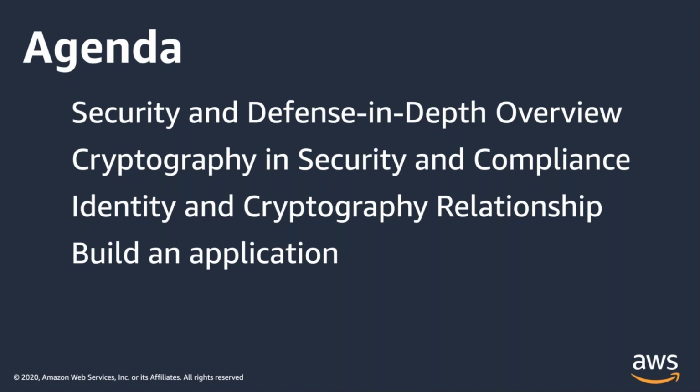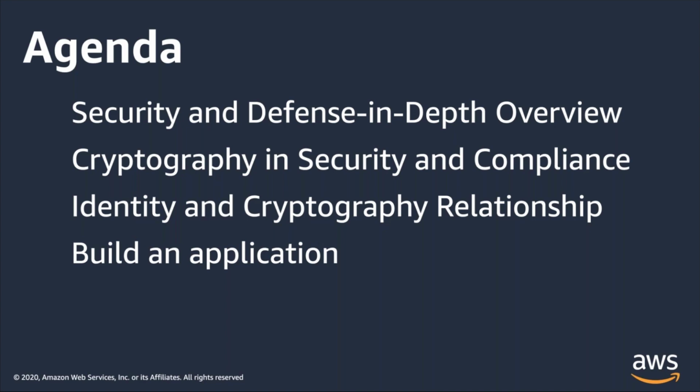So our agenda here is going to first review security and defense in depth to see how those are related. Then we're going to talk a little bit about cryptography and security and compliance, and how you can use cryptography to meet your compliance objectives. Then we're going to talk about identity and cryptography, the relationship they have with each other. Identity and cryptography reinforce and can supercharge each other.